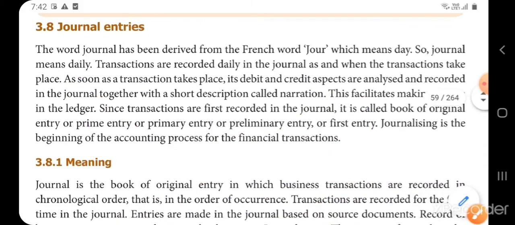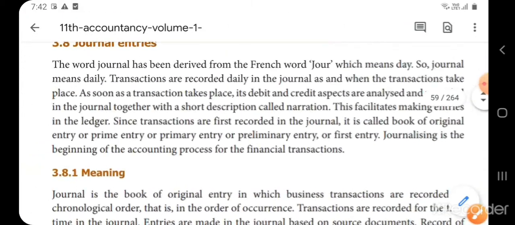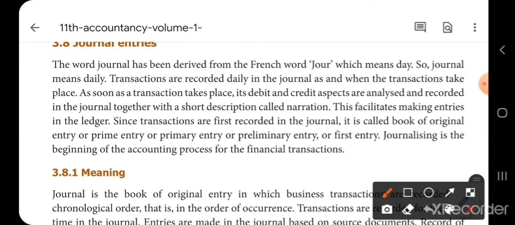Now this facilitates making the entries in the ledger. Since the transactions are first recorded in journal, it is called the book of original entry or prime entry or primary entry or preliminary entry or first entry. This is very important for 1 mark question.